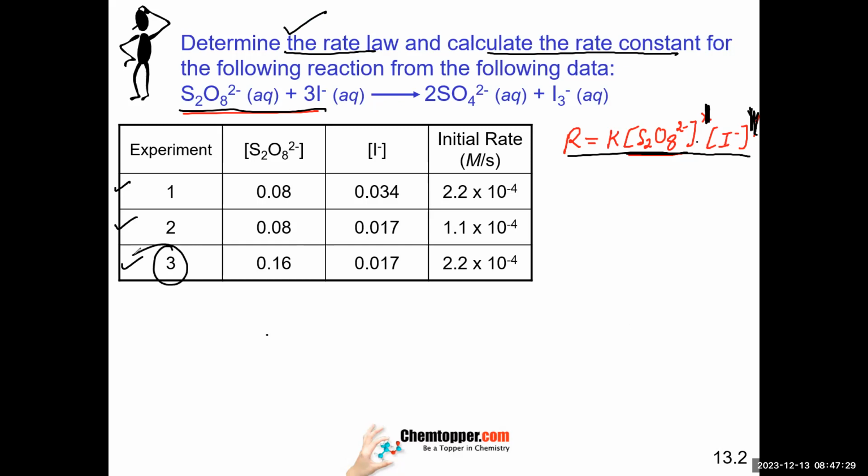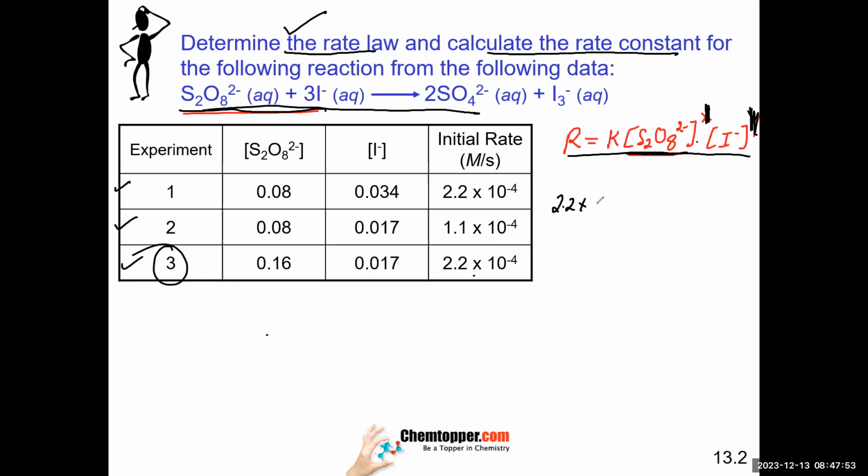Let's pick up third. You will get the same K value for all of them because the reaction is the same. Temperature is same. So all the three experiments are done at the same temperature. So the value of K is same. So you can pick up any and plug in the values.